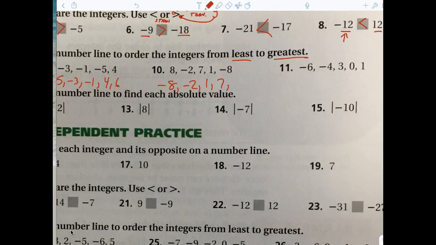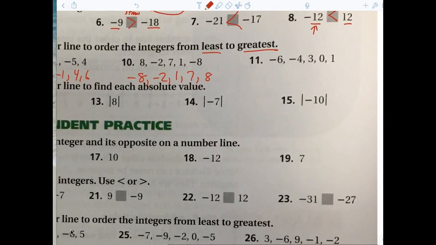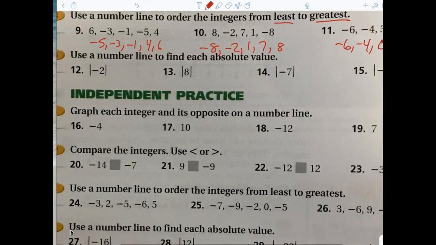Oh, no, 8. Thank you. Perfect. All right, the other Jack. Go ahead, number 11. It goes -6, -4, 0, and 3. Easy enough, guys. Do you agree with me? That's super easy, right? We could have skipped this altogether.